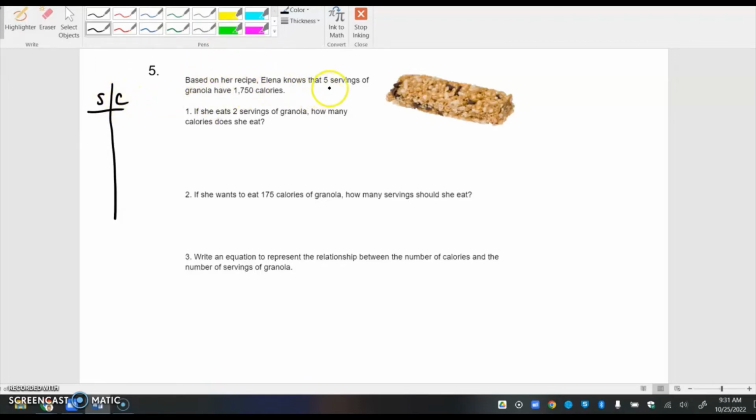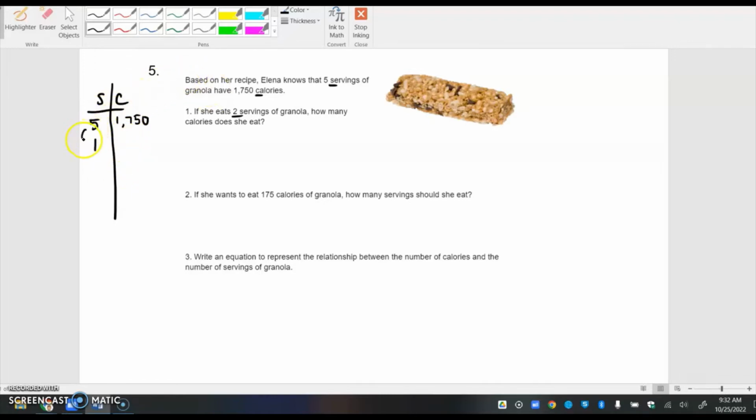My S stands for my servings, and my C stands for my calories. What do I know? 5 servings is 1,750 calories. And this question is asking, what if you eat 2 servings? Well, what I'm going to figure out first is, if I just eat 1 serving, how many calories is that?